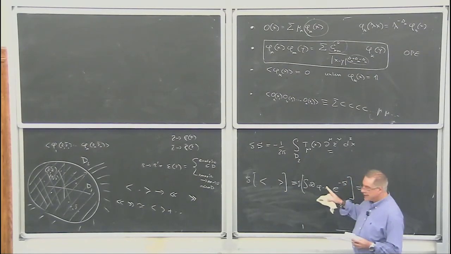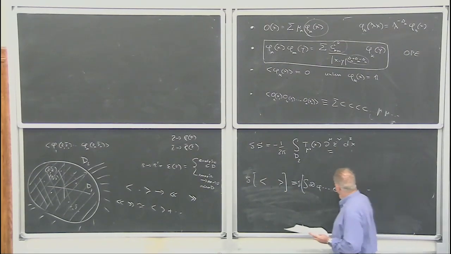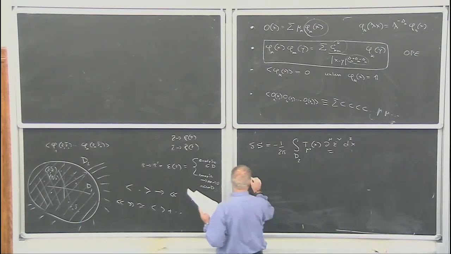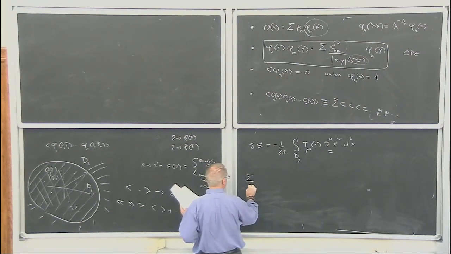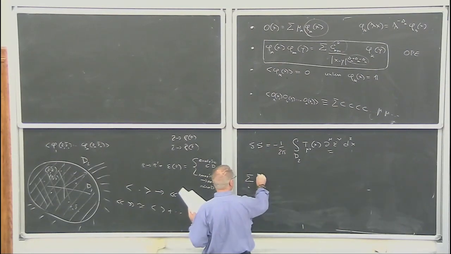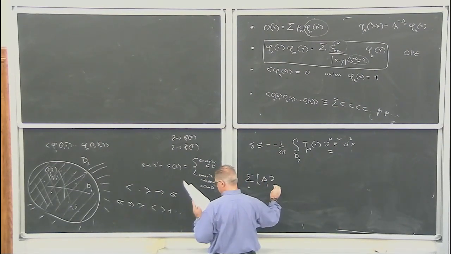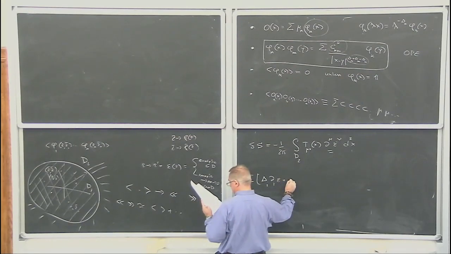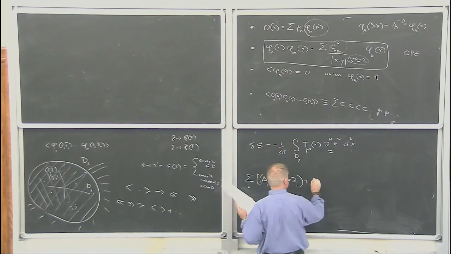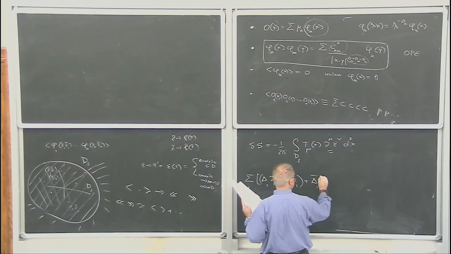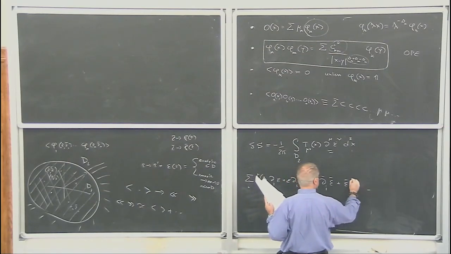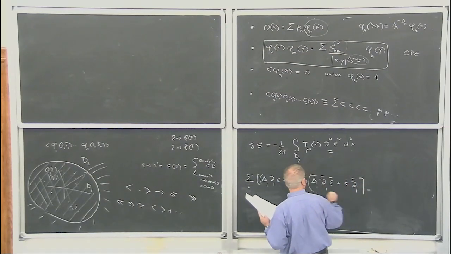The only thing now is that I have two terms. So the variation of my correlation will be the sum on i of delta_i ∂_i epsilon plus epsilon ∂_i delta_i, plus delta-bar_i ∂-bar_i epsilon-bar plus epsilon-bar ∂-bar_i delta-bar_i.